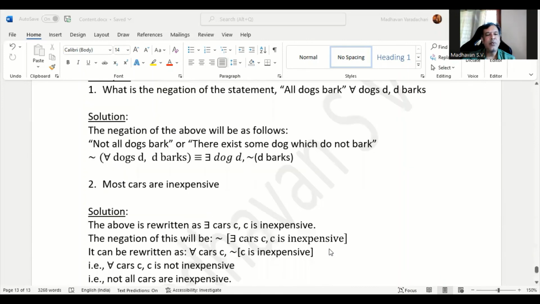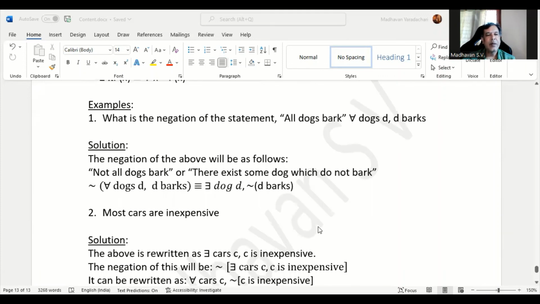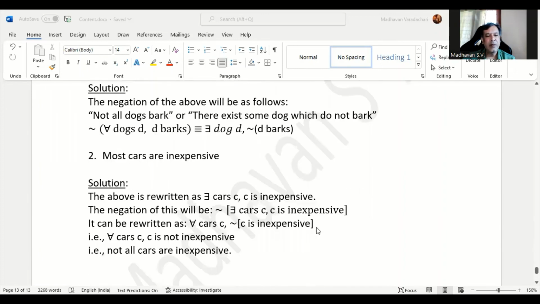Second example, most cars are inexpensive. The solution proceeds like this. The above is rewritten as there exists cars C such that C is inexpensive. The negation of this will be not of there exists car C such that C is inexpensive. So we can use De Morgan's law for that.